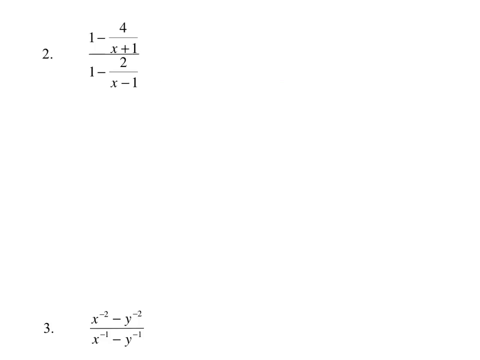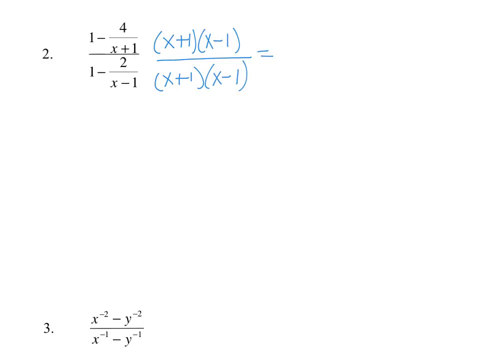All right, let's try this second problem. The second problem, the lowest common denominator, is going to be x plus 1, which we see right here, times x minus 1, which we see right there. So I'm going to write x plus 1, x minus 1 on the top, and on the bottom x plus 1, x minus 1 on the bottom.